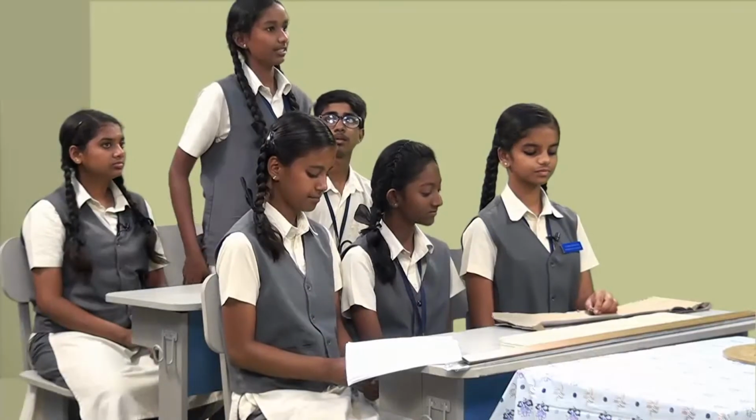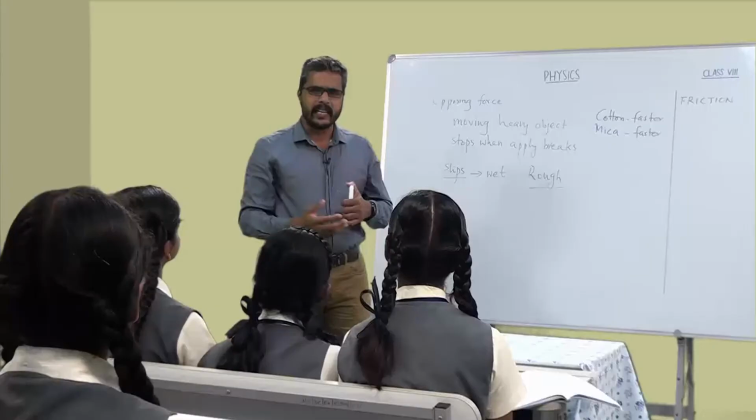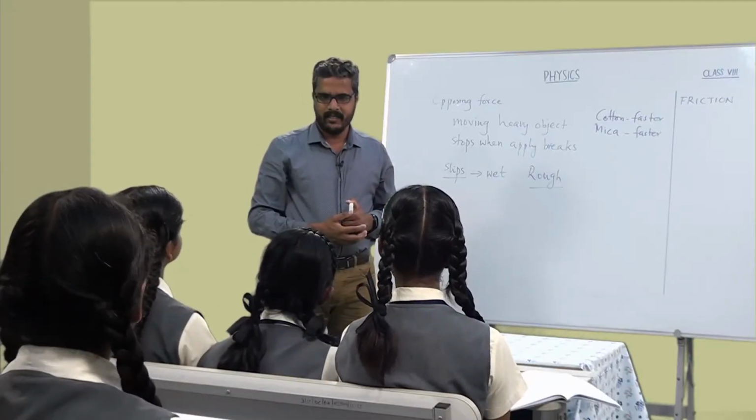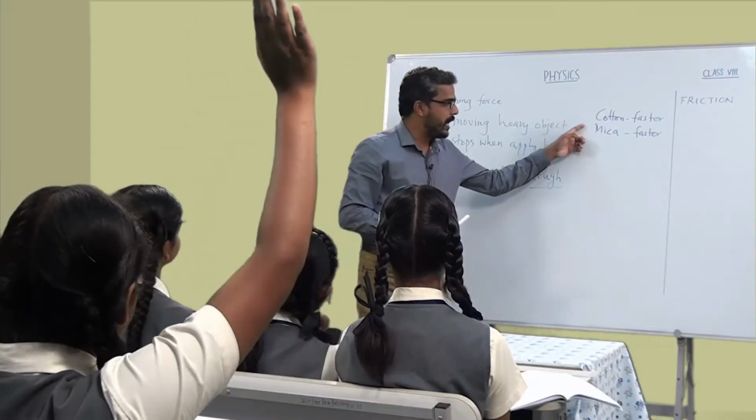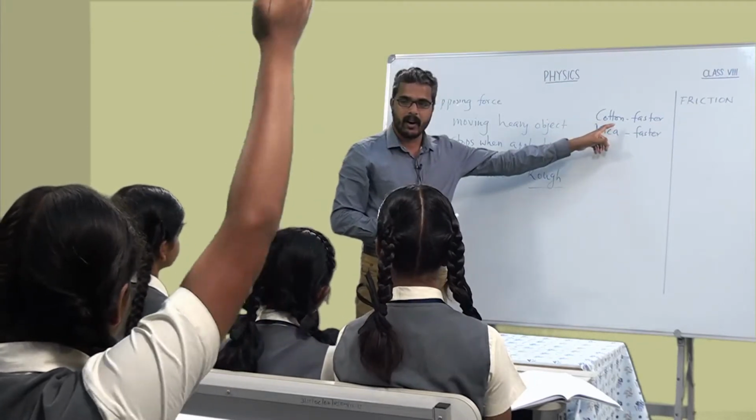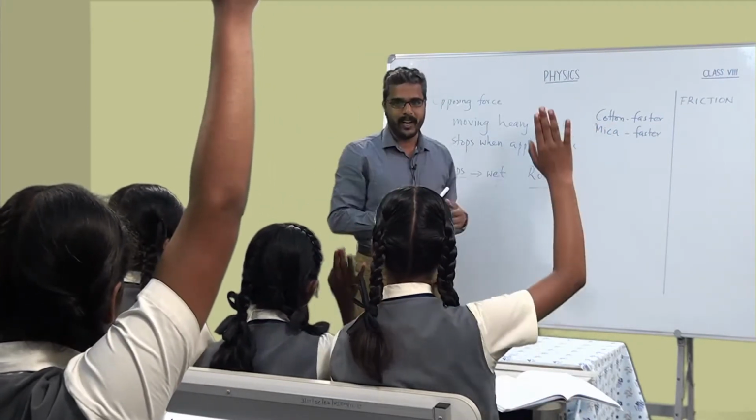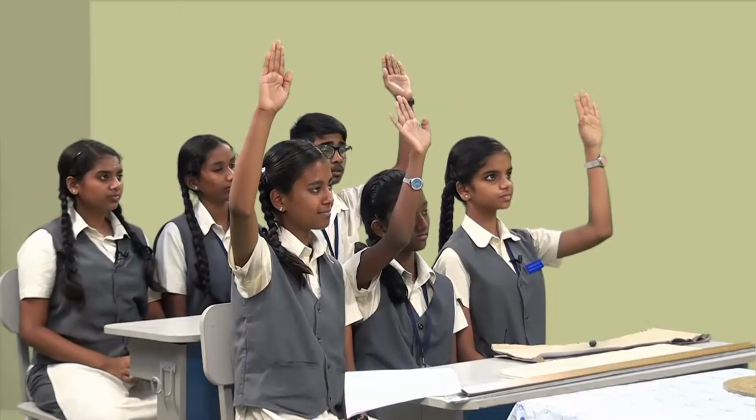Sir, on the mica surface it moves faster, and on the thermocol surface it moves slowly. So on the cotton surface it moves faster in the first group, and on the mica surface it moves faster in the second group. Now, can you give the reason why the iron ball is moving faster on the cotton surface? Group 1, what may be the reason?